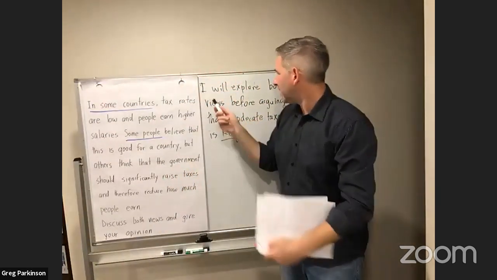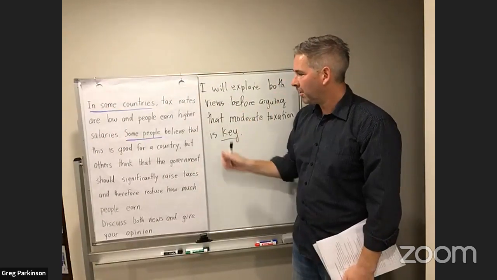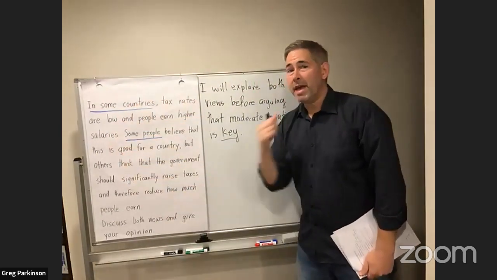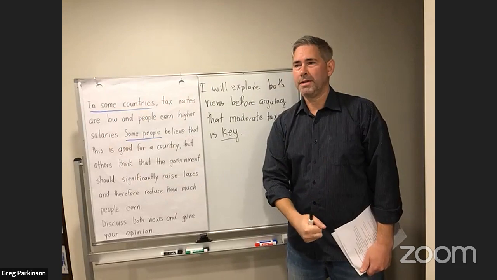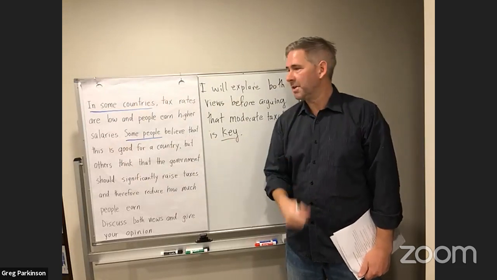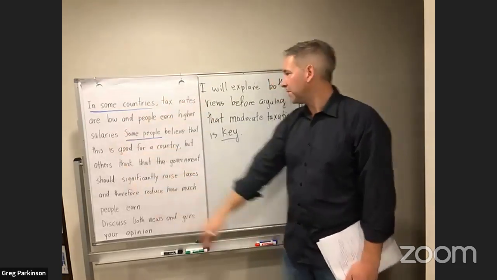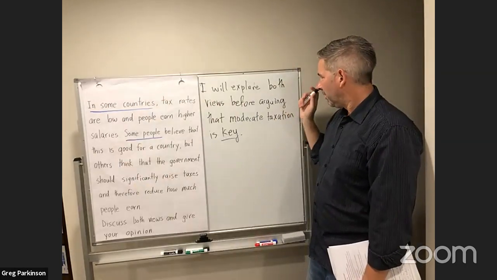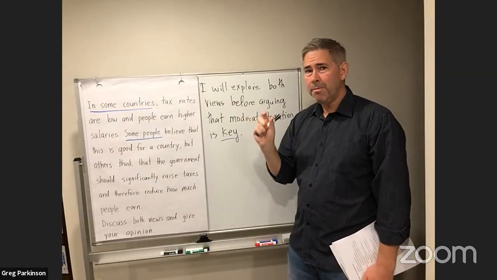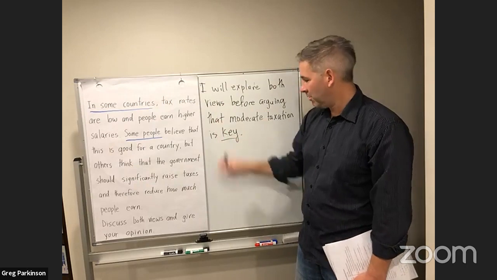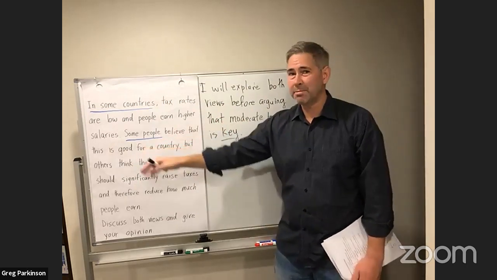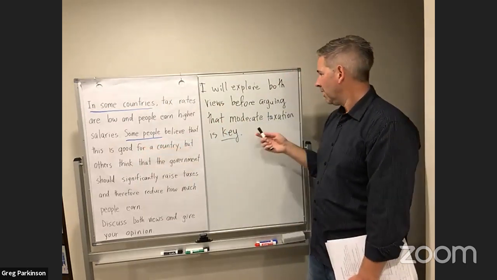Right, so when I say I will explore both views, the views are embedded. They're part of the paraphrasing. So I don't need to repeat those views again because I've already paraphrased them. So that's what I mean by the preview, right? So the preview essentially has become part of the paraphrasing.